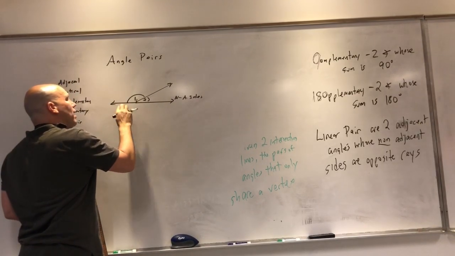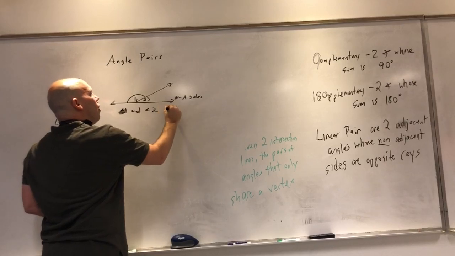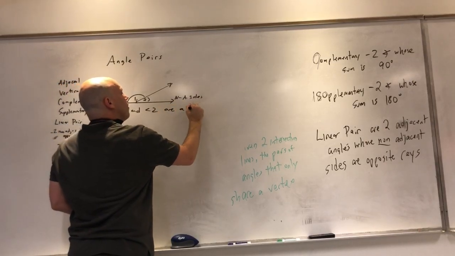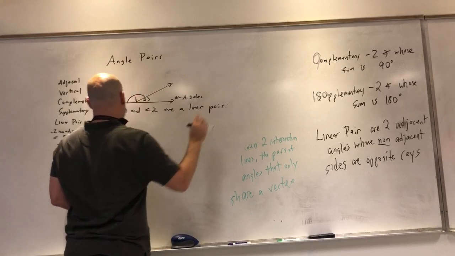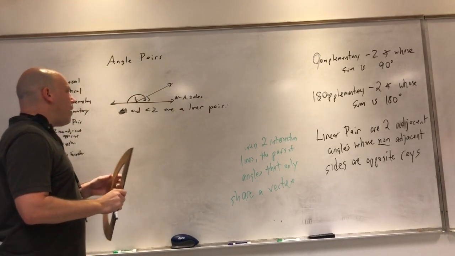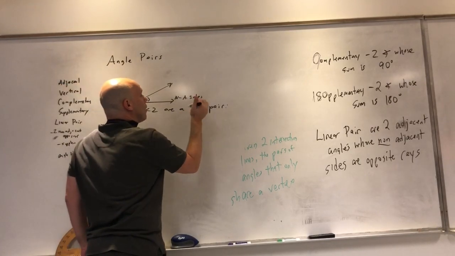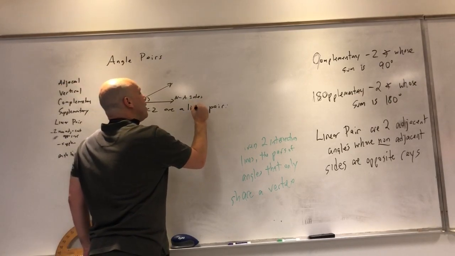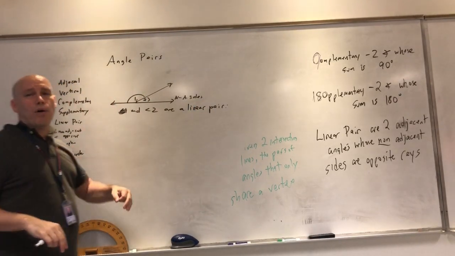So angle 1 and angle 2 are a linear pair.